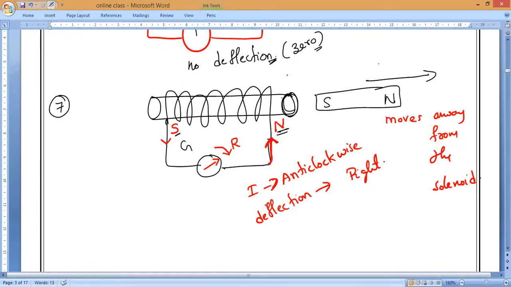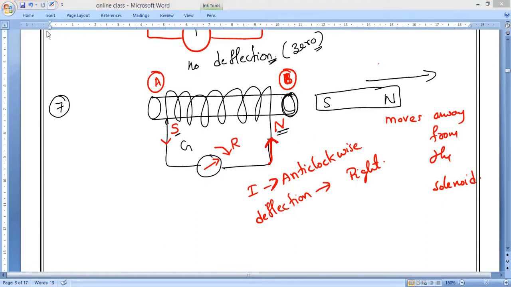So these are the 7 cases in the solenoid. When I place it at point B, if I push in or push out the south pole and north pole, as well as keep it stationary, these are the deflections that will take place. And left, right, and clockwise, anti-clockwise are very, very important for our exam. So if anybody has a doubt in these 7 cases, kindly ask me. I will explain once again.